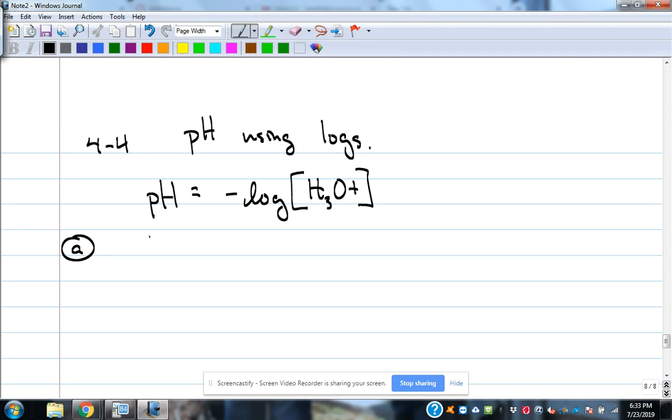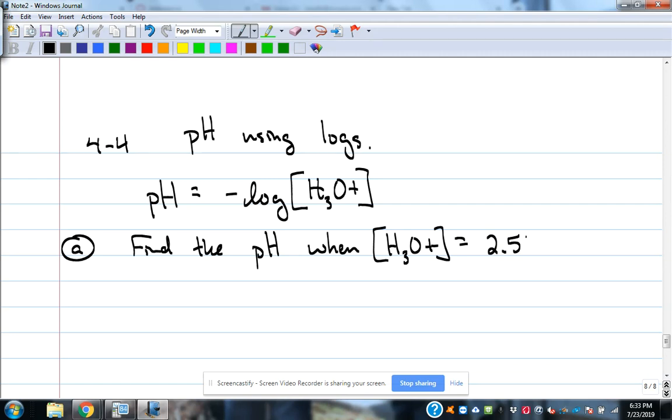So let's say we wanted to find the pH when the concentration of H3O, hydrogen ion, is equal to 2.5 times 10 to the negative 4. So there's a scientific notation number thrown in there for us, harking back to days of science fairs and scientific notation.